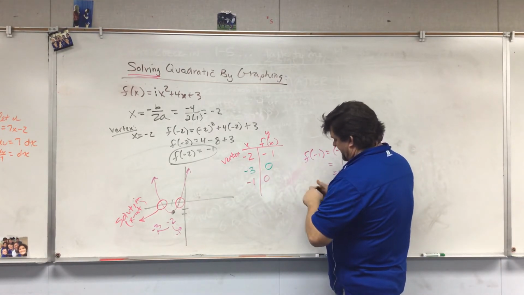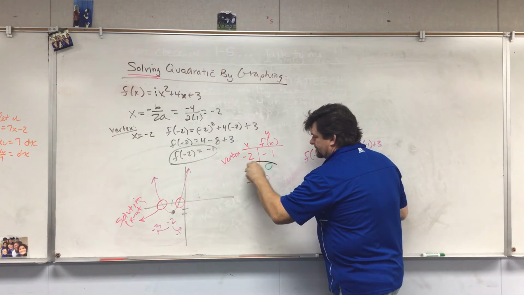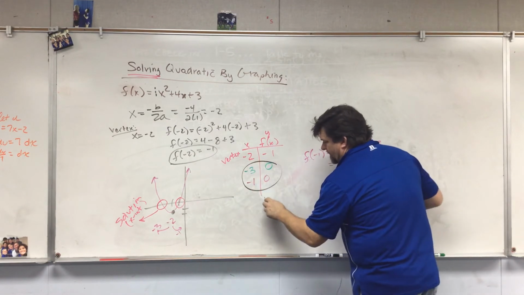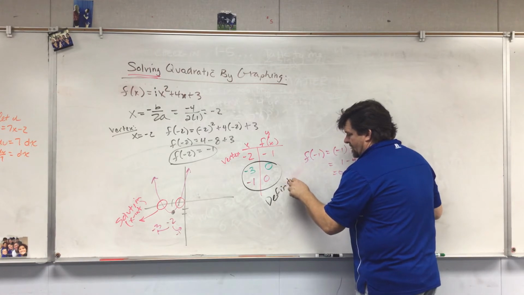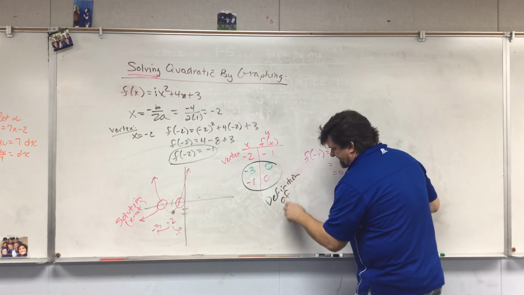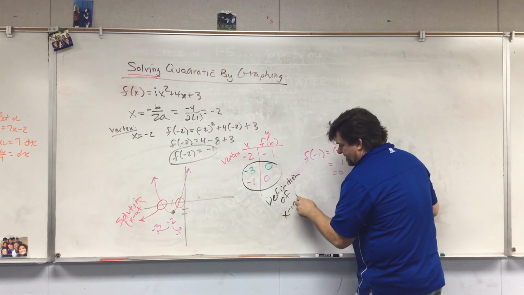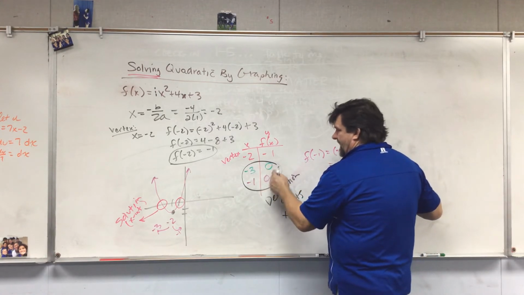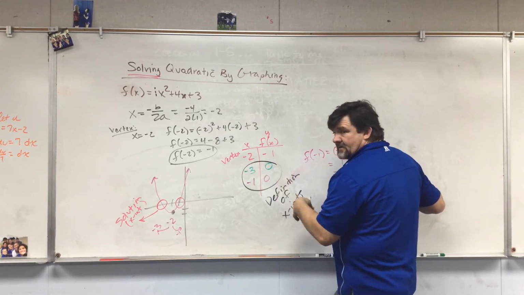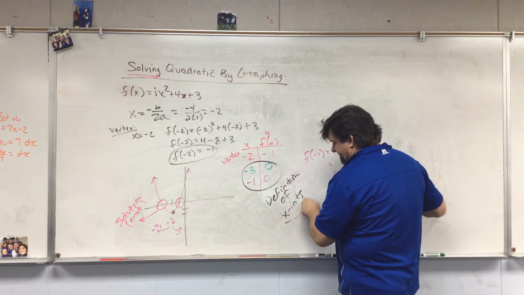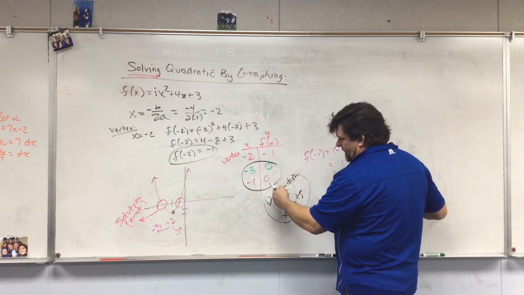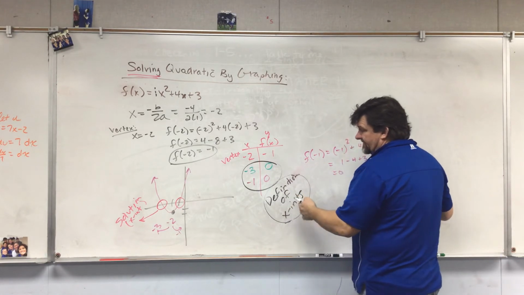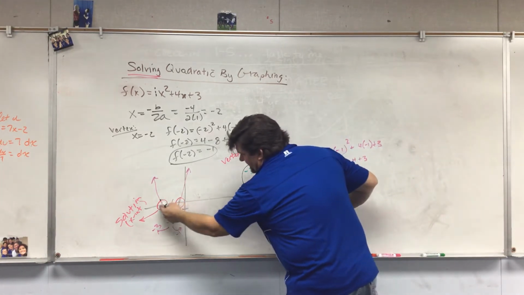This is the definition of x-intercepts. When y is 0, x has a value. That is the definition of an x-intercept. So if I plug it in and I get a y value of 0, then my solutions to the graph are the x-intercepts.